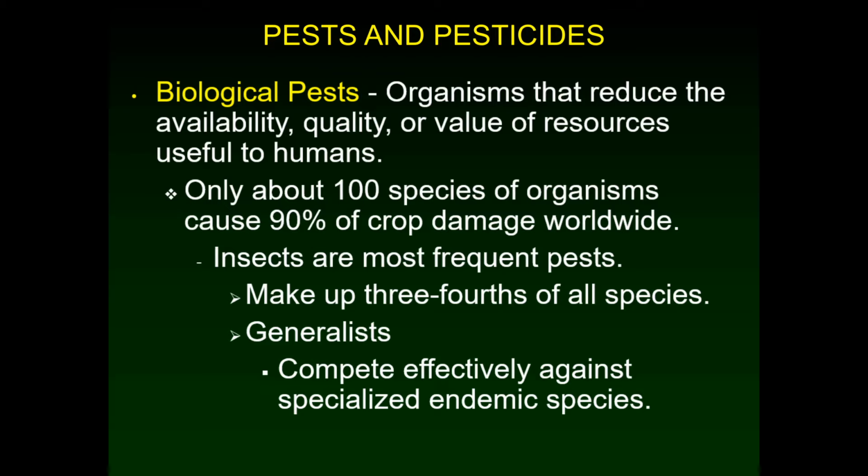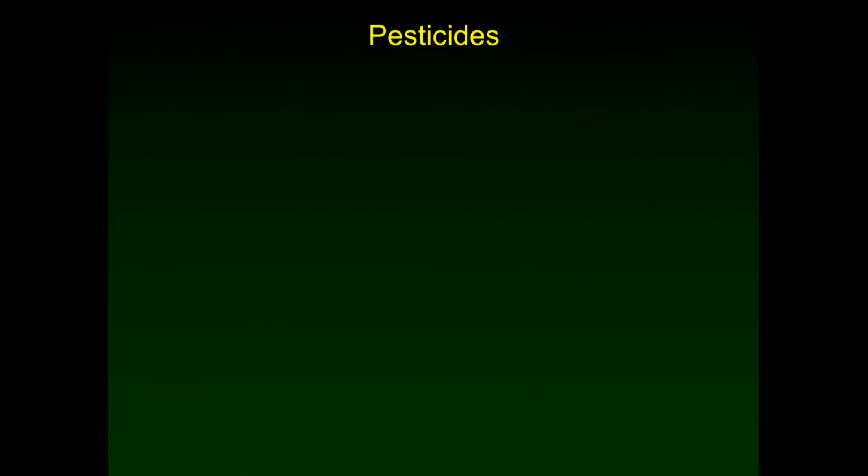So the generalists have a way to outcompete them, because if they can't get access to the thing that the specialist needs, they can easily move on to something else. And if that plant becomes scarce, they can move on, which gives them a wide variety of what they can and can't eat.